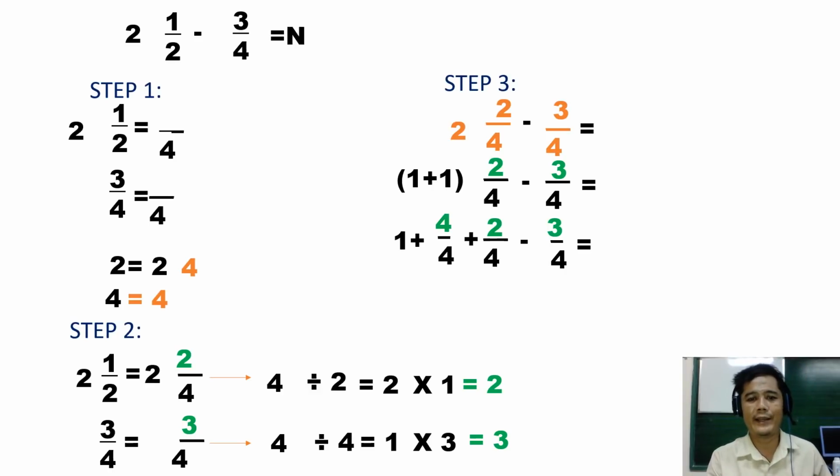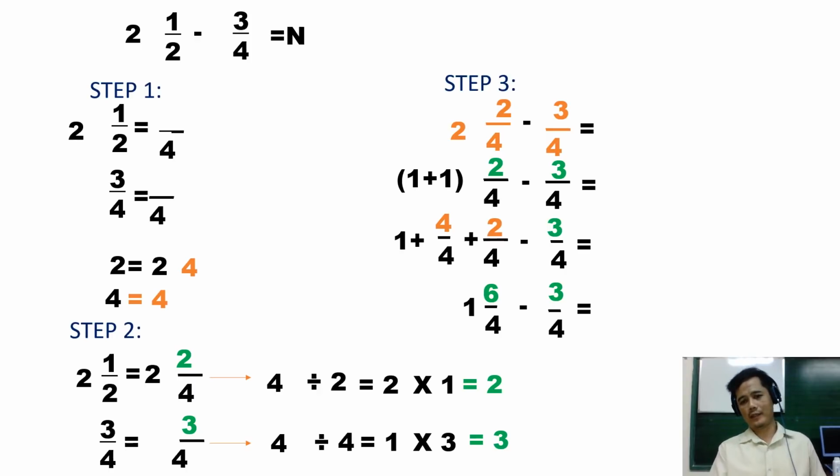So, next natin, i-plus lang ho natin si 1 and 4/4. Magiging siyang 1 and 4/4 plus 2/4 equals 1 and 6/4. Then, minus 3/4. So, since mas mataas na si 6/4, pwede na tayong mag-minus kay 3/4.